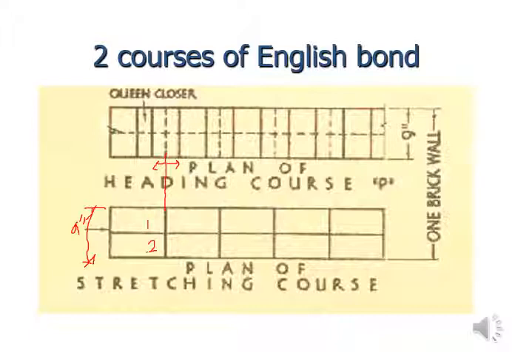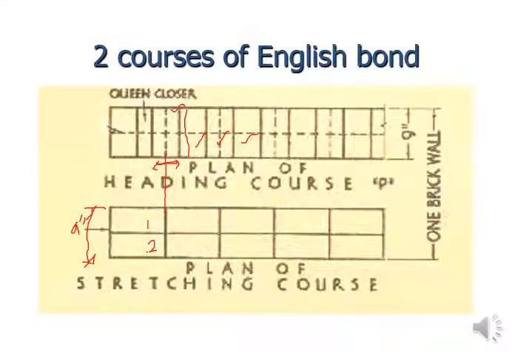So header is placed in the form of one brick only. No need to place another brick, I have told you. So 4.5 dimension on this side and 9 inch dimension on the other side. So full brick is placed in such a way that 4.5 in this way and 9 inch in the lateral direction. So another header, then another header, then another header, it will be okay.